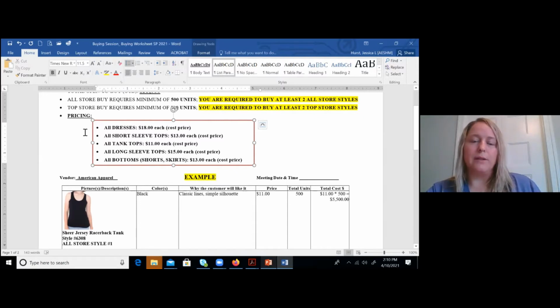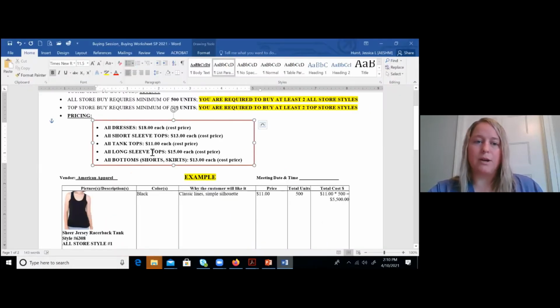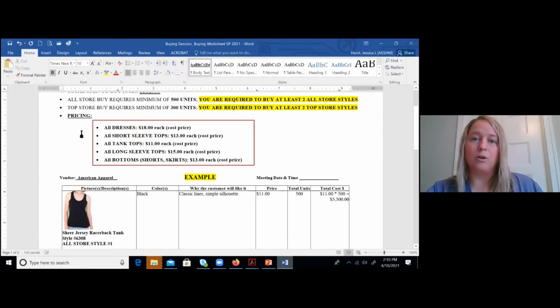And then also the other thing we need to think about is that when we have different color waves, which some of these items will come in, that could also introduce a different price point. So red or navy, for example, if we're looking at this dress here, could also include a different price point. But just to make it a little easier for our calculations, we're not going to worry about different pricing for color waves, but just know that if you're in the industry and you're on the job, that would be also a factor that you would be considering, different price points based on color.